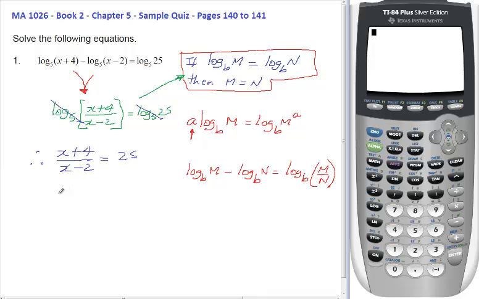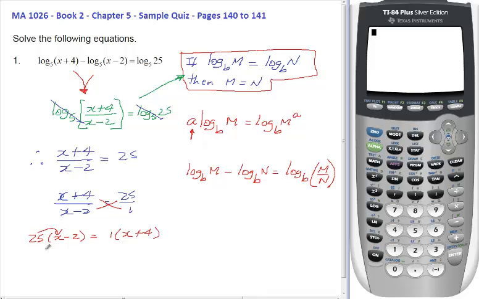You've solved equations like this before. We have x plus 4 over x minus 2, and over here 25, which is understood to be over 1. When we have a single fraction equal to a single fraction, we cross multiply. So 25 times x subtract 2 equals 1 times x plus 4.